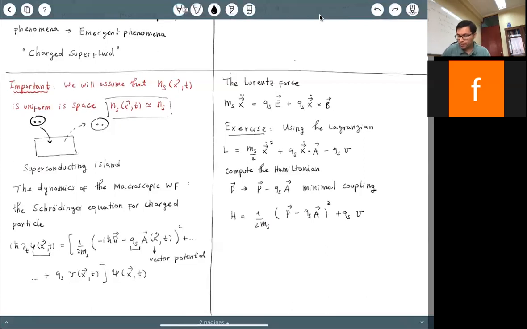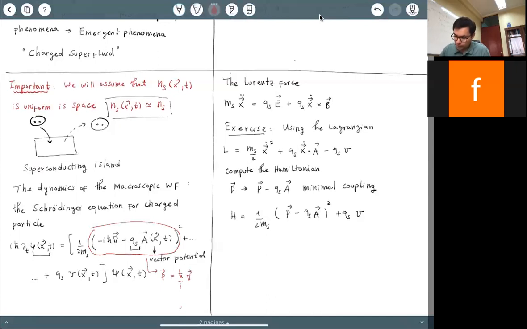Essentially this is the momentum here, but of course here we replace P, so this P is h bar over i and the gradient.